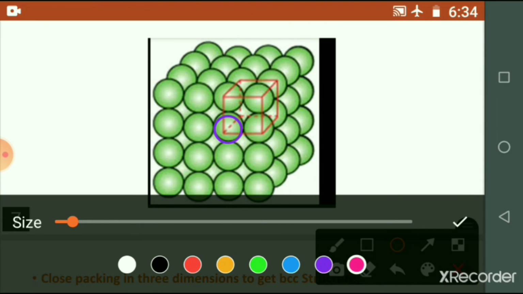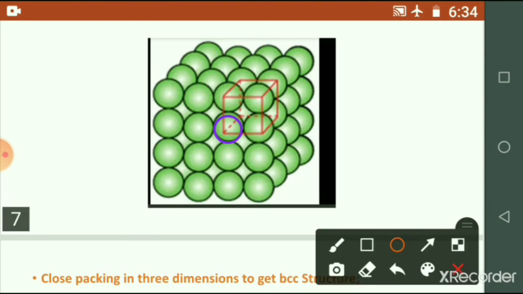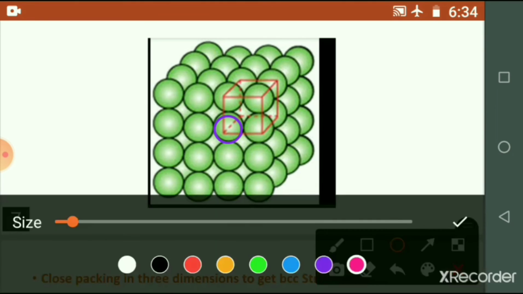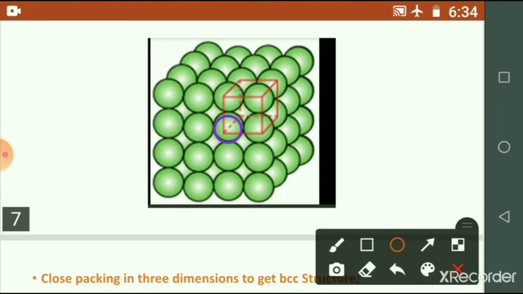If I consider this particular atom in color, which color did I take here? We took violet color, right? So the violet sphere, it is in contact with how many other spheres, let us see. 1, 2, 3, 4 in one layer. In a given layer it has 4.